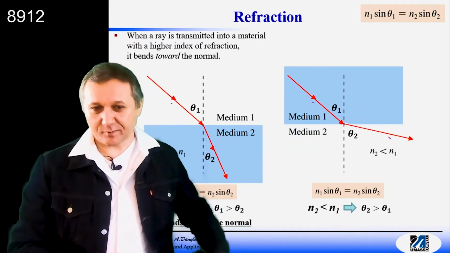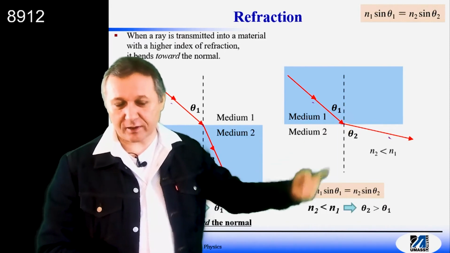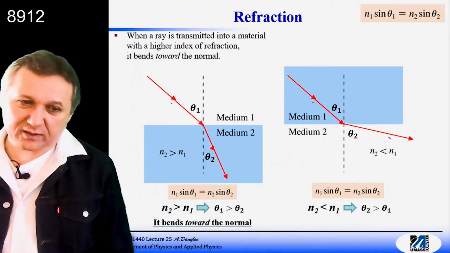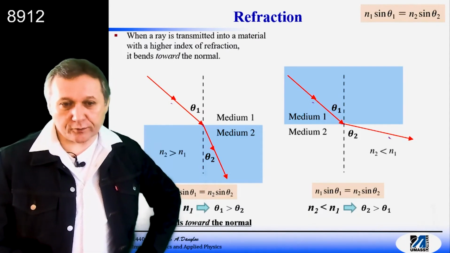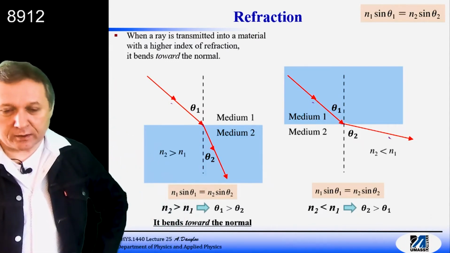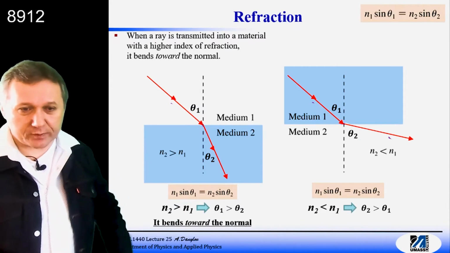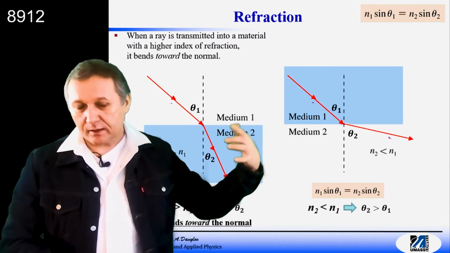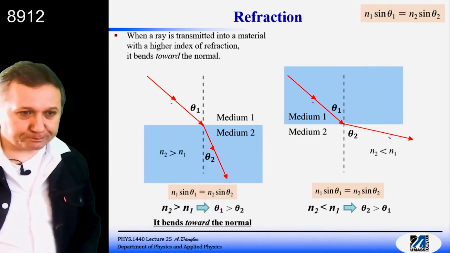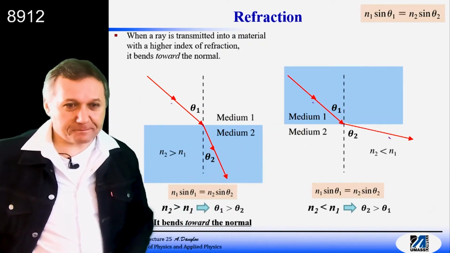It's a simple analysis of Snell's law to figure out what happens to the ray. In this case it bends towards the normal; in that case it bends away from the normal.